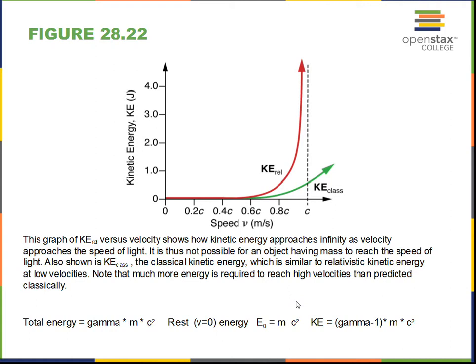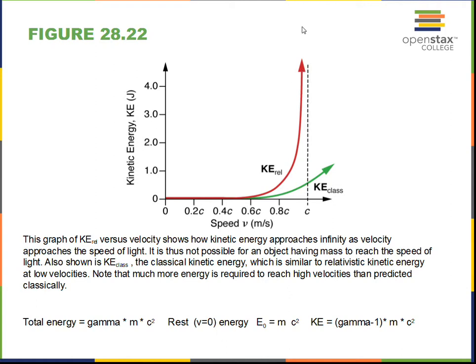So how does an object obtain kinetic energy? Well, from first semester, you know that one must do work on an object to give it kinetic energy. So we'd have to do work on this object to give it such and such units of kinetic energy along here. And as this red line heads towards infinity, that means we'd need an infinite amount of work to get an object to travel at the speed of light.